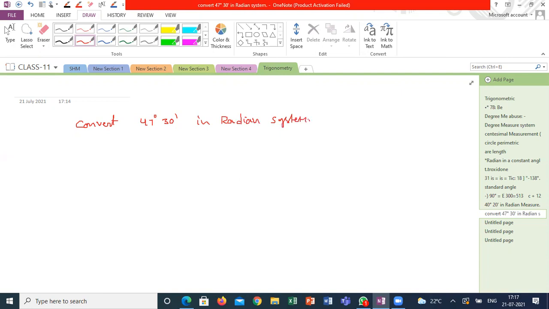Please convert. 95 pi by 360. So first, if I'm converting 47 degrees 30 minutes, what is the total? 47 1 by 2 degrees.